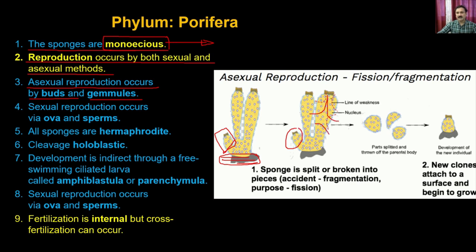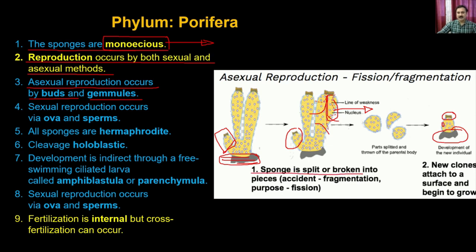Then all these multiple pieces are going to float into the water, and they will go away from their parent sponges and stick to different rocks. When they stick to a different rock, they are going to develop the osculum. They will regenerate.